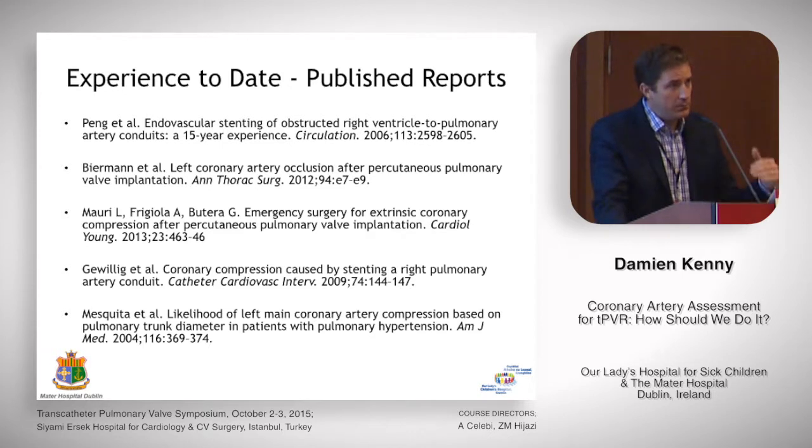And then to come back to the final one on the bottom of the screen, the concept of coronary artery compression from pulmonary arteries has been known about even prior to the point at which we've been doing implantation of stents. It's been reported in patients with severe pulmonary hypertension, whereby we get these big dilated pulmonary arteries that are pressure loaded and may compress the coronary arteries. So this is a concept that has been around for a little while.